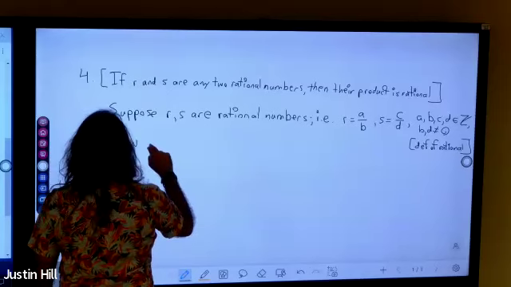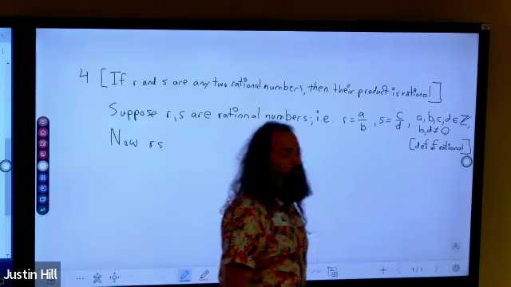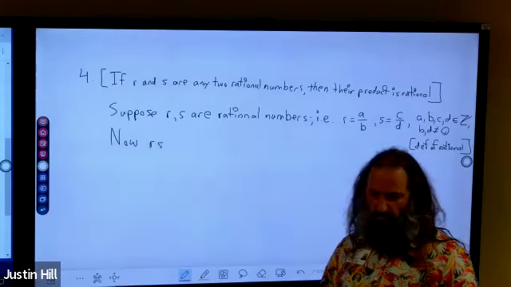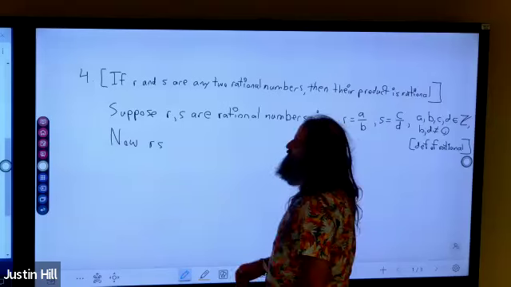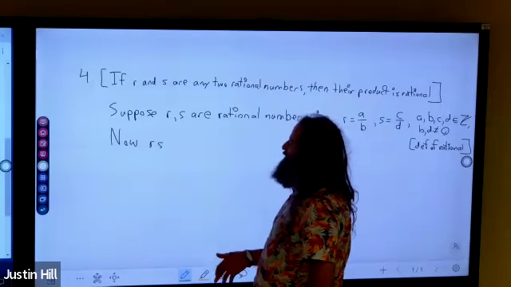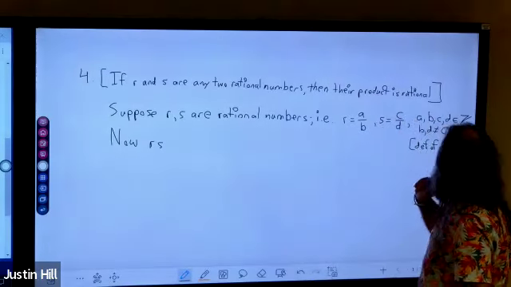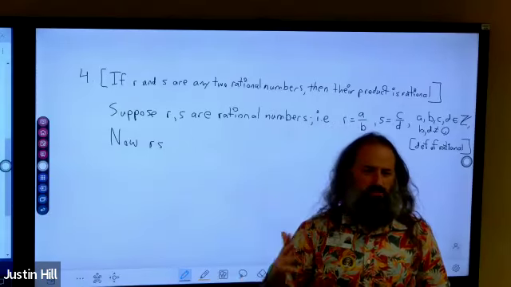Now, I will say from y'all's homework, y'all didn't struggle with this too much, but I did see a small tendency to do the product and try to say something about a rational number divided by an integer or something like that.